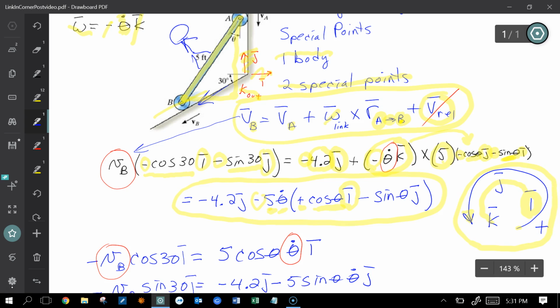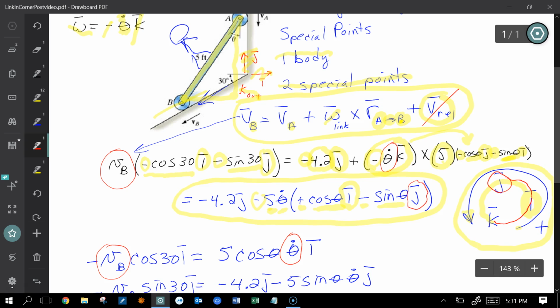Okay, let's do now the next term, right? So I pull out the negative and the sine, and I'm left with K cross I. So now I'm going to do a K cross I. So I start with the first vector, K. I go towards the I, pass it up, and I end up on the J. So I end up on a J right here.